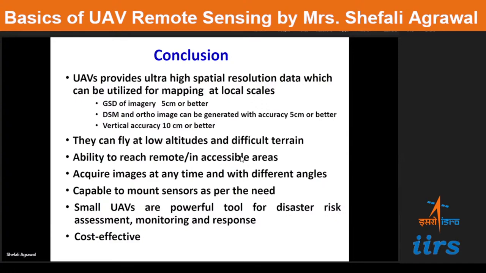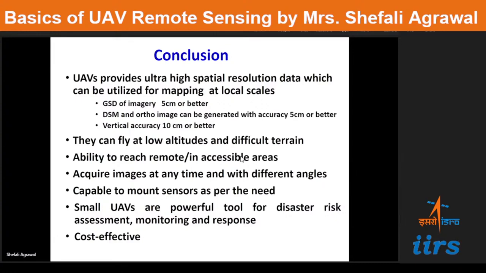Then another challenge with drones is the size and volume of the data. A single drone flight can collect over 70, maybe 100 terabytes of data. So you need sophisticated, high-end processing and storage facilities. You can say drones fall under the category of big data, so they require optimization measures to manage these data sets.